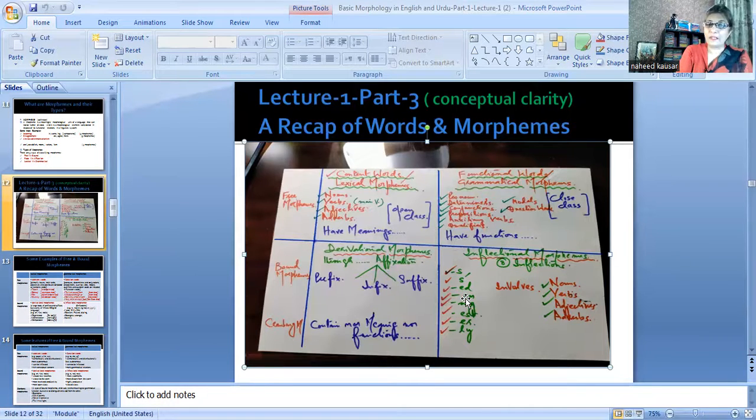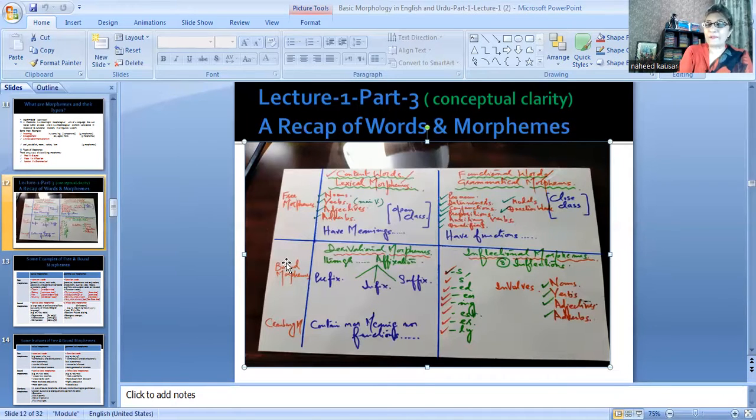When these inflections or inflectional elements, or rather inflectional morphemes, participate in making words in terms of nouns, verbs, adjectives, and adverbs, the process is called inflectional morphology. That is why, in that connection, these elements are called inflectional morphemes.